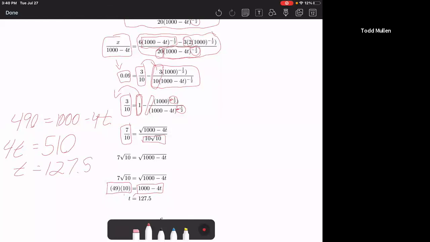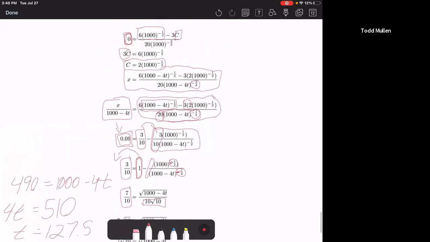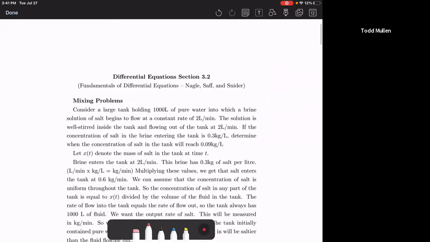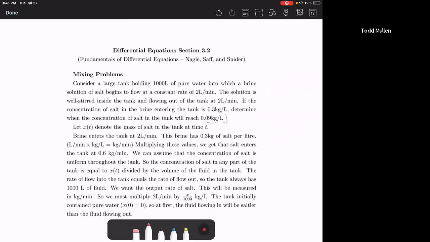So at time 127.5, just after 2 hours, we will have our 0.09 concentration, which represents, what are we measuring in? All the way back up to the top. 0.09 kilograms per liter.